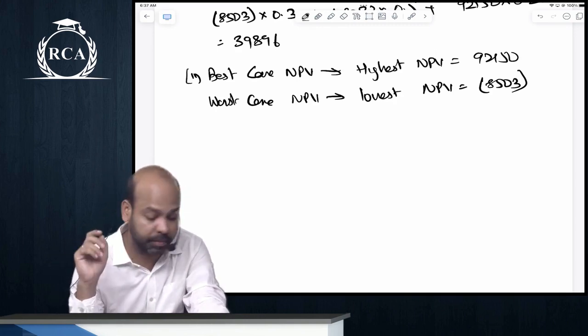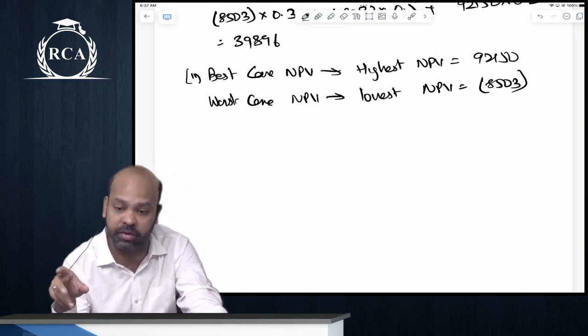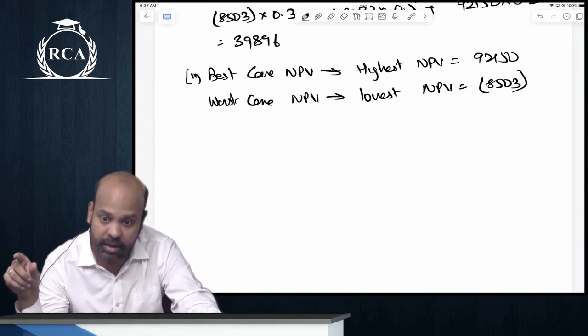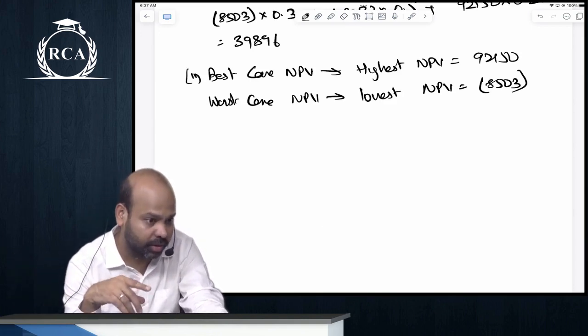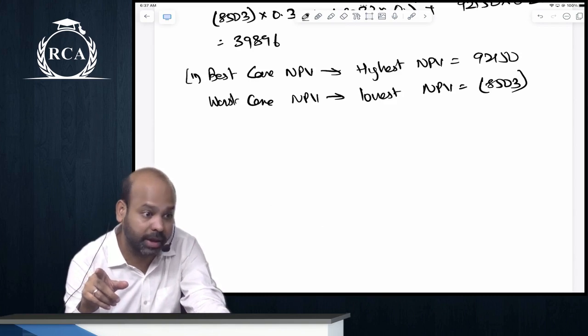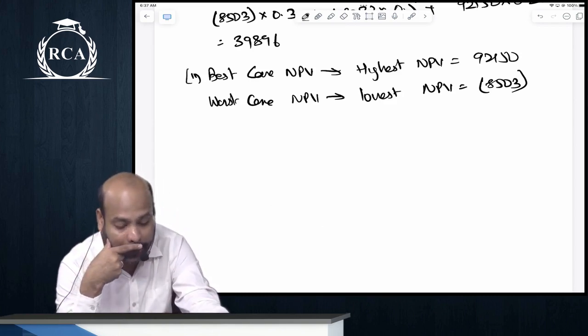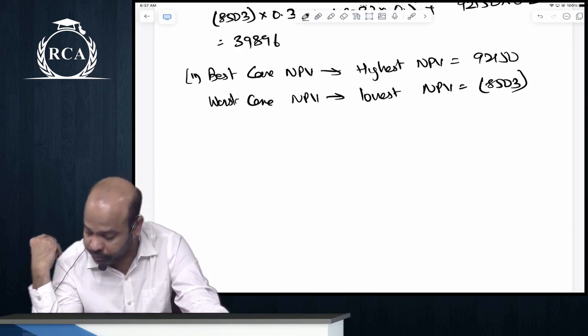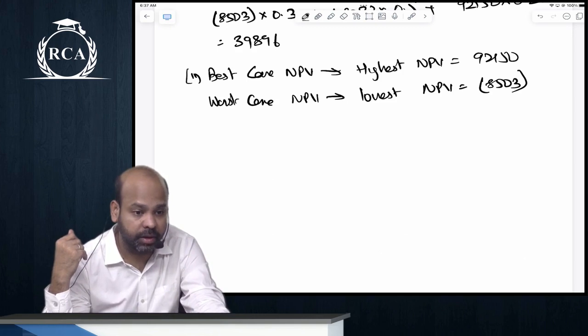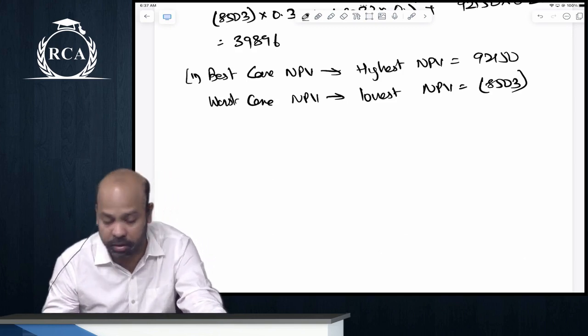Perfectly dependent means, if it is 1 lakh in the first year, every year it will remain at 1 lakh. Remember in Hillier's model, cash flows are correlated, cash flows are dependent, cash flows are independent. What should be the answer if the cash flows are perfectly independent?